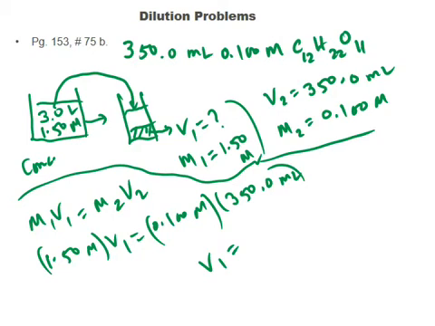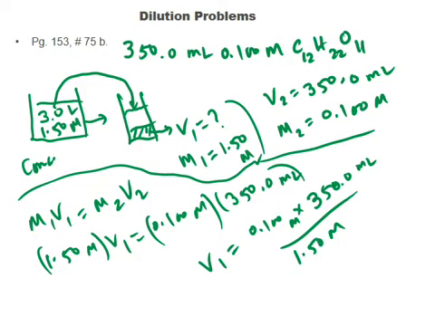You can write down the setup if you want. 0.100 times 350.0. This is molarity, this is ml. And at the bottom you have 1.50 molarity, and you can see that they would cancel out.